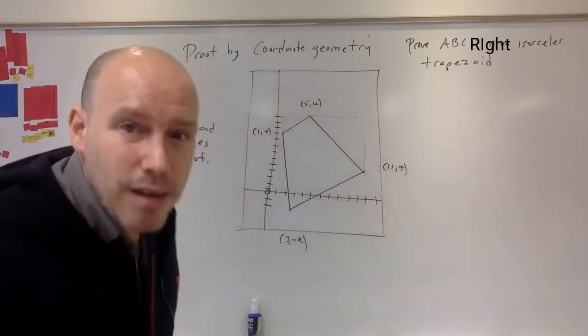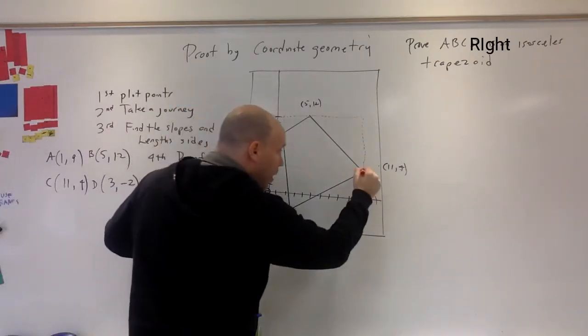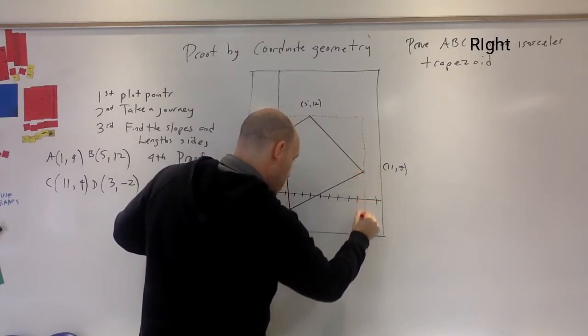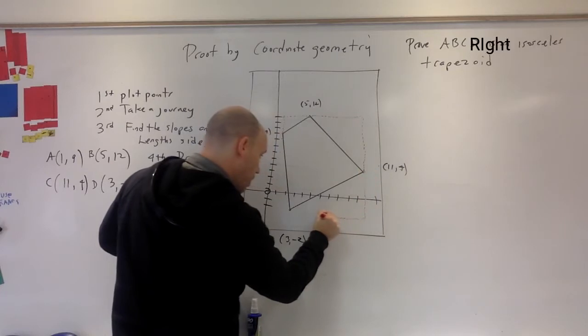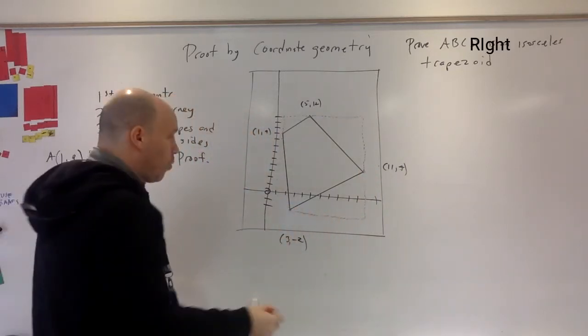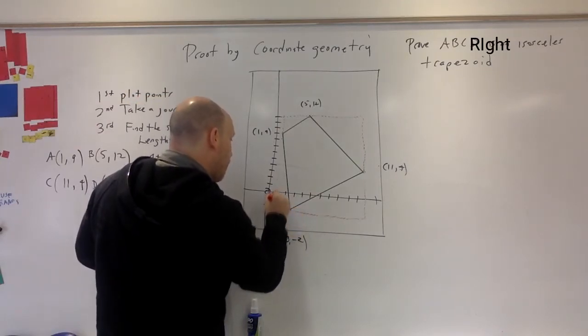Can you see that? Perfect. What's my next journey? From C to D, go down, and then over. And what's my last journey? Over 1, and then up.